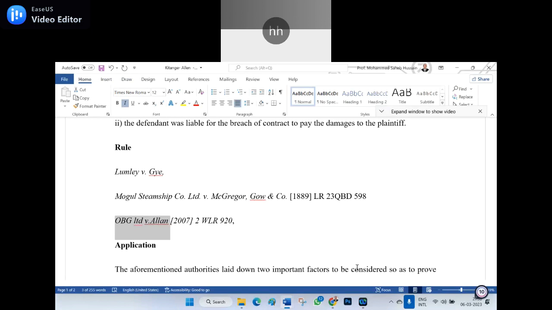Prof, in that case, I didn't go in detail into the case, but I just read the principle which was laid down in that case. And I found that two important elements were laid down in order to prove that there was a breach of contract by inducement. I did not ask it.